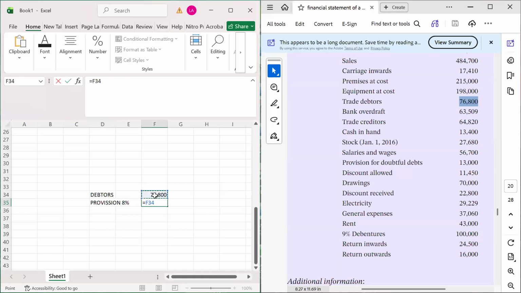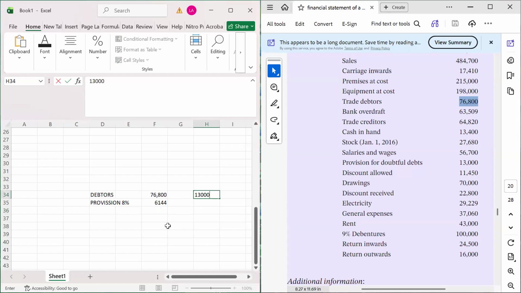You calculate 8% of it. This times 8% will give you this figure. So the figure is 6144. Now, they have already charged 13,000 against the profit and loss already. That is why provision is showing here.